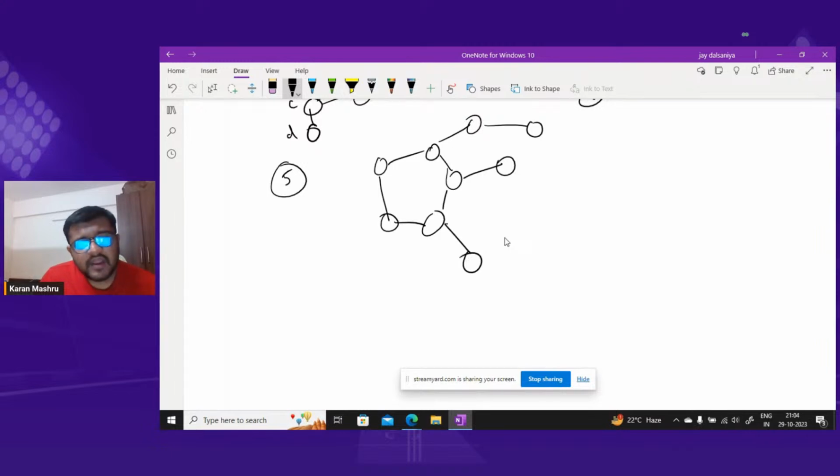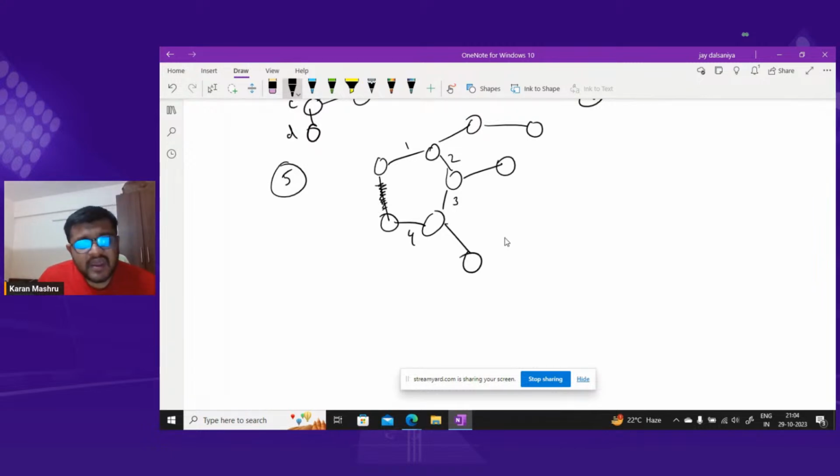Now tell me, if I remove an edge, suppose I removed this edge. Now this cycle which was of length 5 is still connected with 4 edges. So this is the first edge, this is the second edge, this is the third edge, this is the fourth edge, this was the fifth edge.